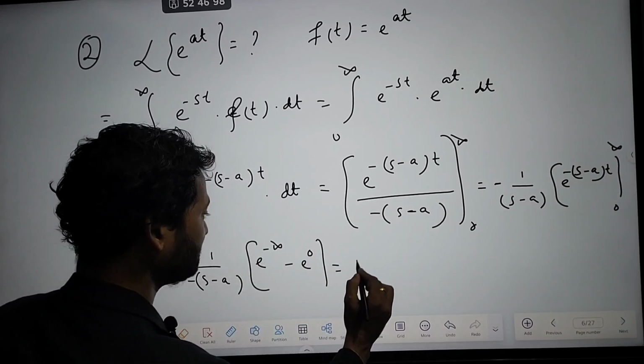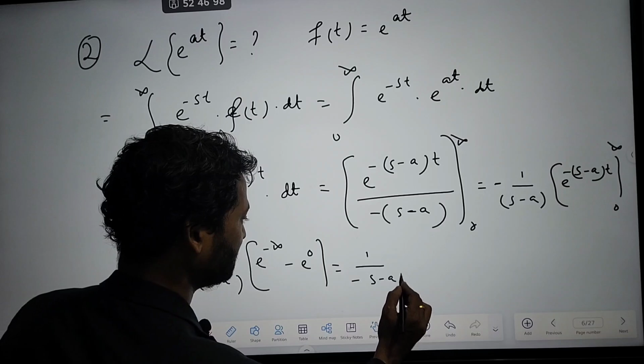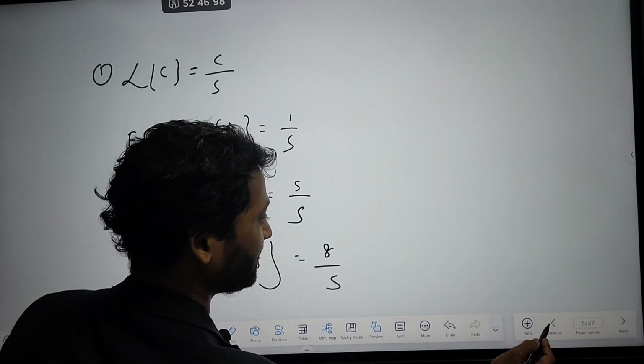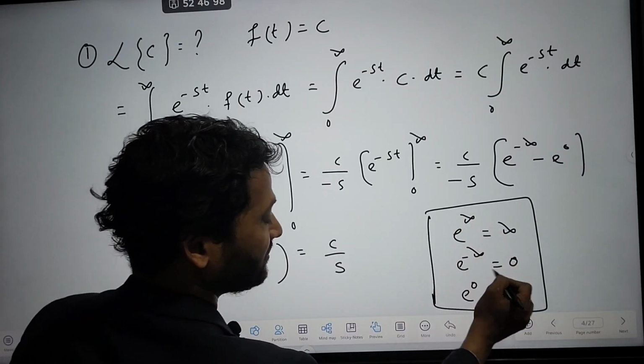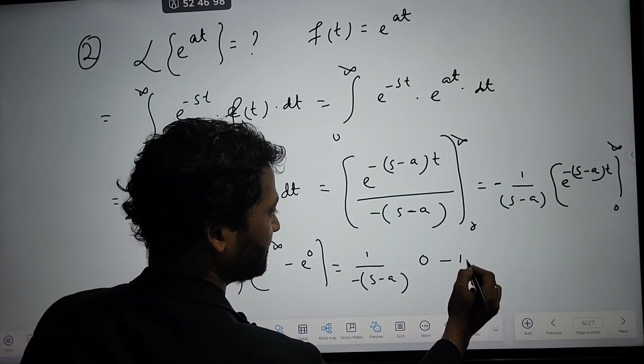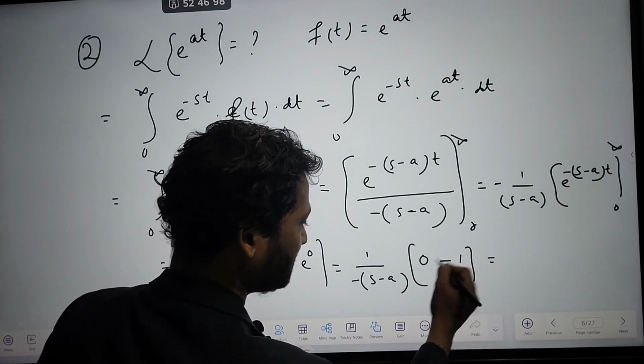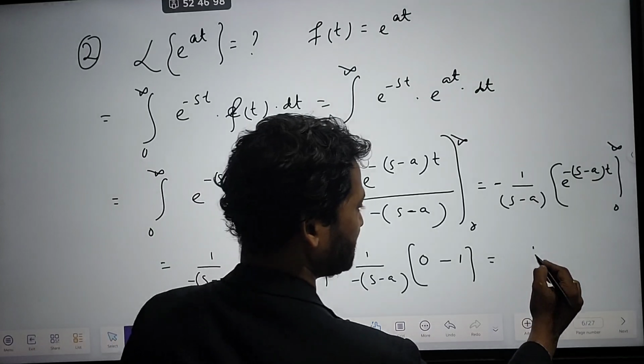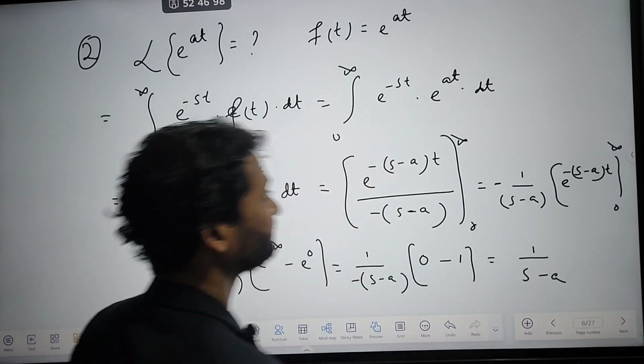So e to the power minus infinity क्या है, मैंने क्या बोला था आप लोग को, अभी भी जस्ट बोला था e to the power minus infinity क्या है 0, and e to the power 0 क्या है 1. So 0 minus of 1. So minus 1, minus minus cancel. So answer is 1 by s minus a.